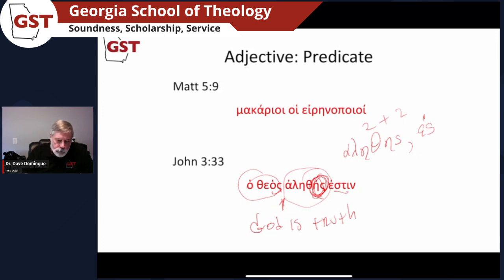Here we have our prepositional phrase at the very end, en te oikia, preceded by this article, tois. Notice that's the dative plural article. And so they spoke the word of the Lord to all, because it's in the dative. So it's not just they spoke all the word, they spoke the word to all. Well, to all of who? To all the ones who were in the house.